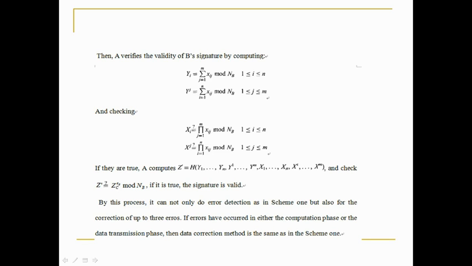So by this process, it can not only do error detection as in scheme 1, but also correction of up to 3 errors. If errors have occurred in either the computation phase or the data transmission phase, then the data correction method is the same as in scheme 1.